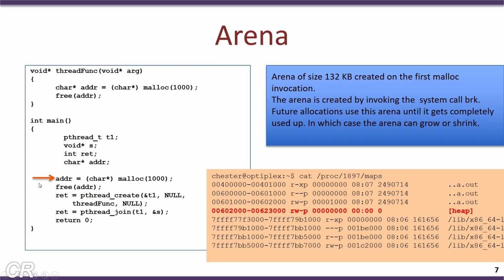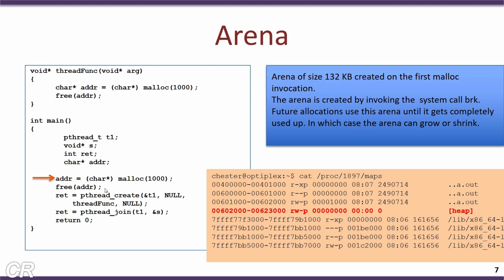So this large area of 132 kilobytes which the operating system has provided will be used by all subsequent mallocs in the main thread until that entire 132 kilobytes is completely utilized.